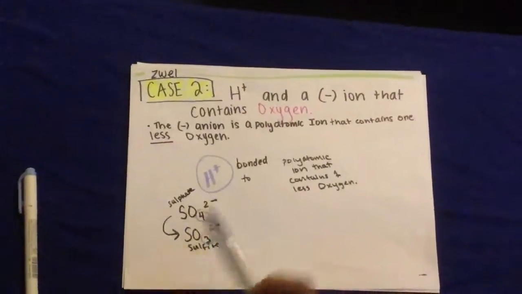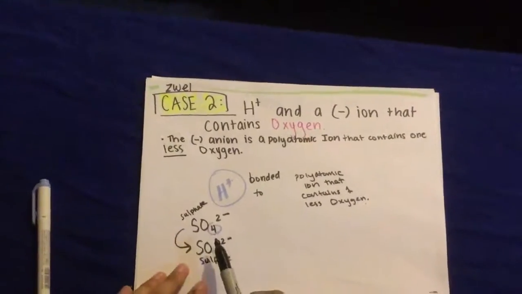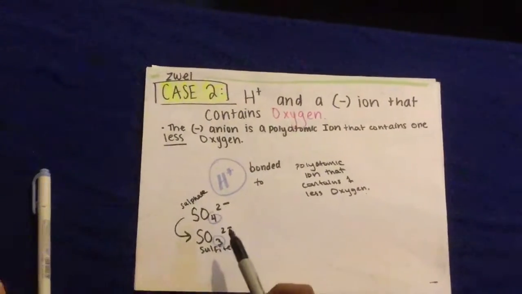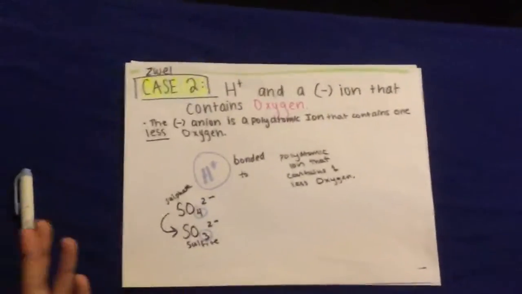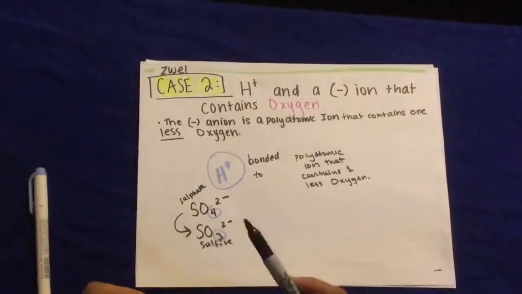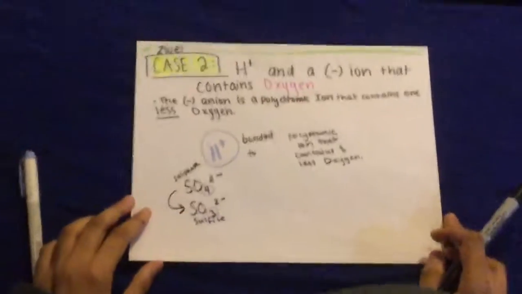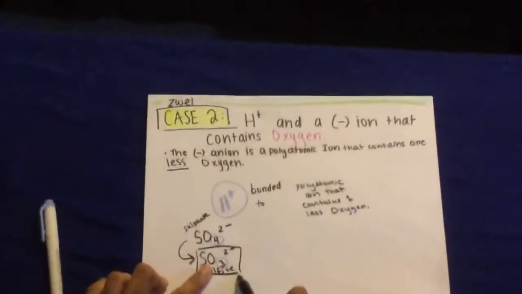In this case, because we know that there's 2 of the polyatomic ions that contain sulfur and oxygen, in case number 2, we're using the one that has the lesser number of oxygen.